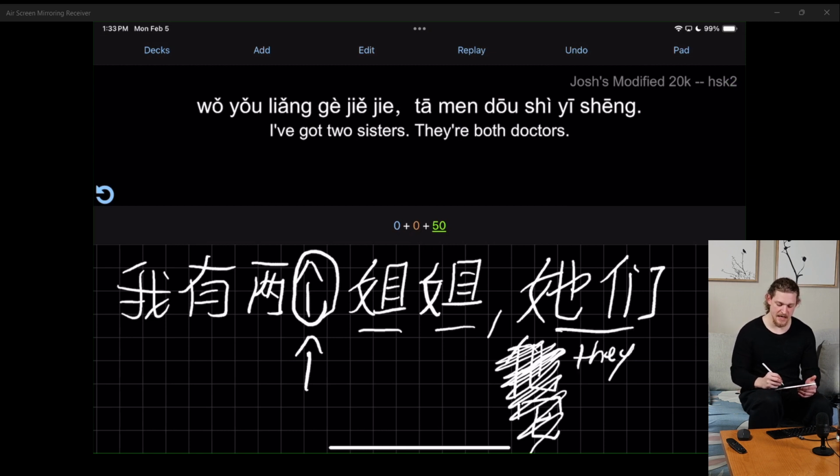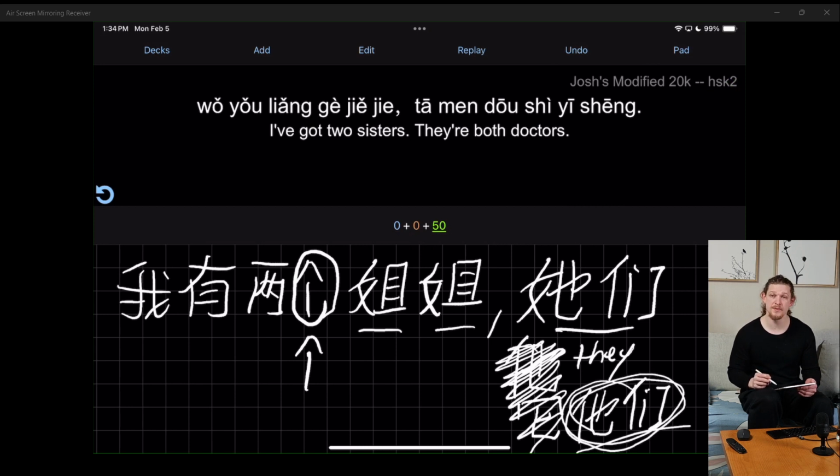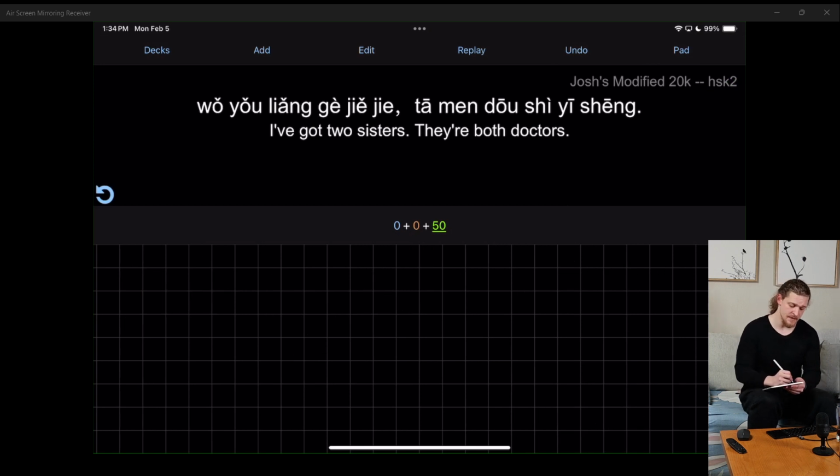I could have written 他们 with a male character instead, and it would have the same meaning. It means they, but that would be more if I was talking about a mixed group of people or a group of men. If you're talking specifically about a group of women, then you can just use 她们. I'm going to go ahead and delete those out.